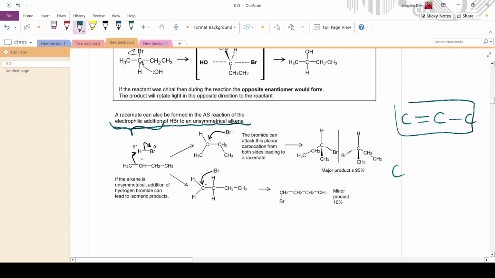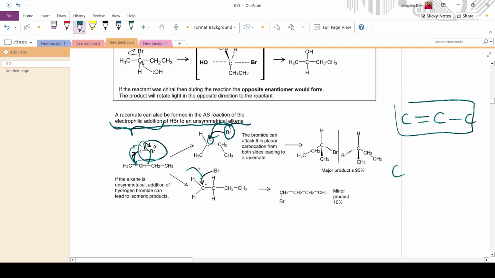The electrons in the carbon to carbon double bond cause the H-Br bond to break as the whole thing approaches. As a result, the Br breaks off, and a carbocation is produced, isn't it? Now the Br has a chance to attack it from the top, or it could even attack it from the bottom. In both ways it can.